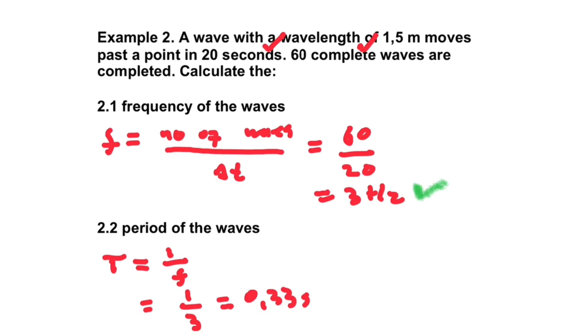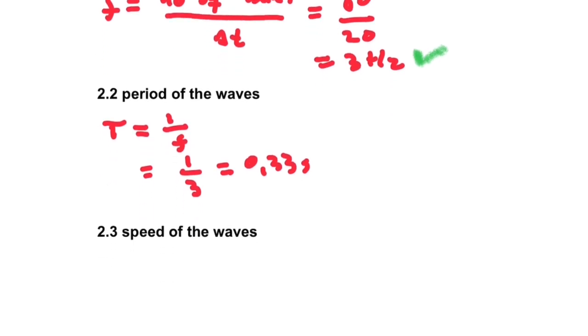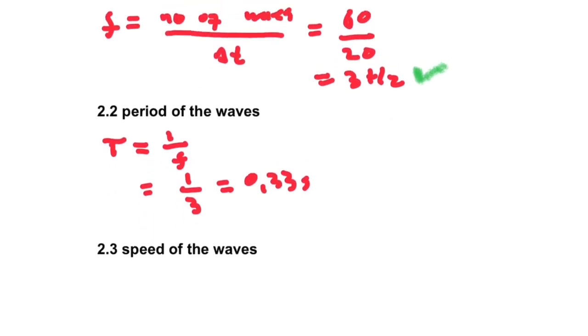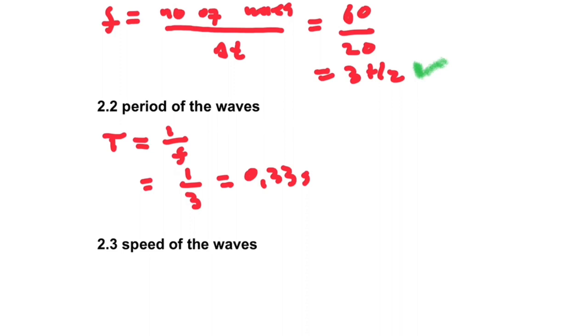So this is the amount of time taken to complete 1 wavelength. Time taken for 1 wavelength to pass a given point. 0.33 seconds.